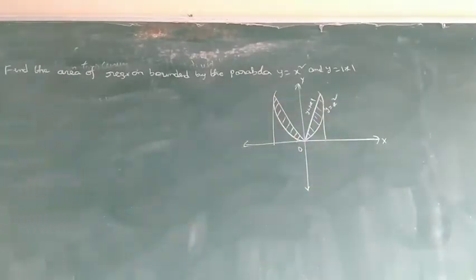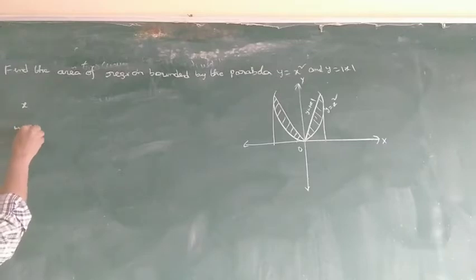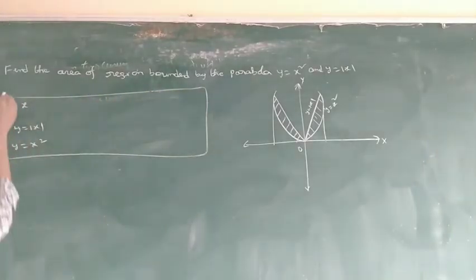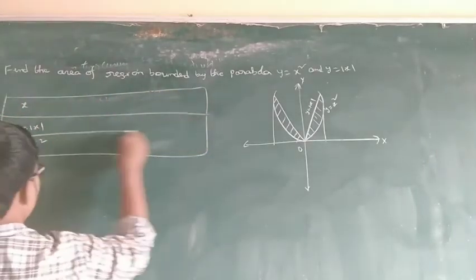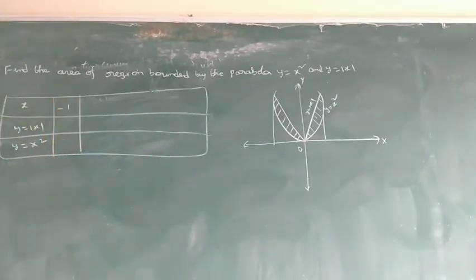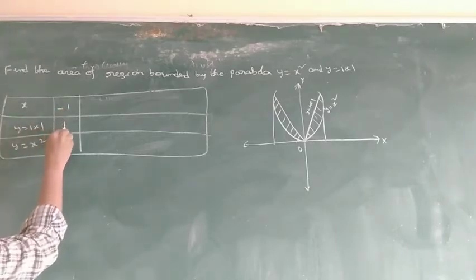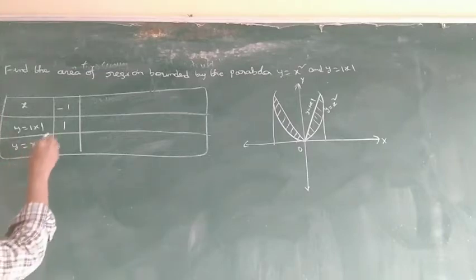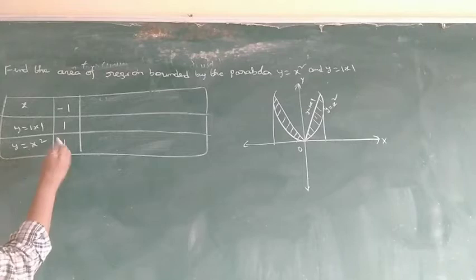So limits, for example: y is equal to mod x, y is equal to x square. This is the diagram. First of all, minus 1. x is equal to minus 1 means y is equal to mod of minus 1, which is 1. x square, minus 1 whole square, is also 1.